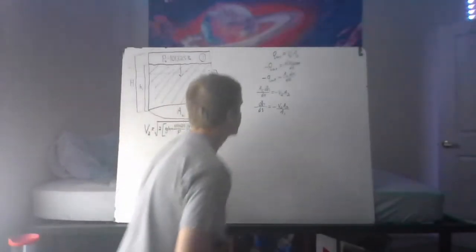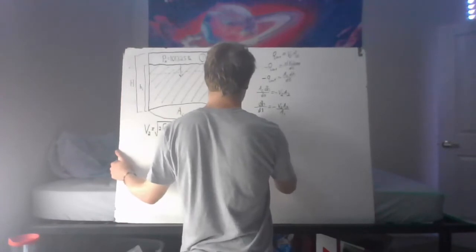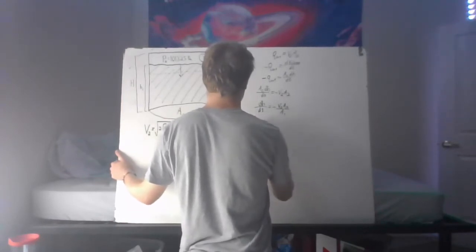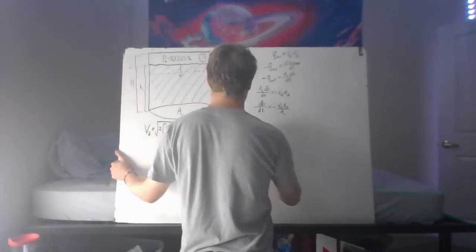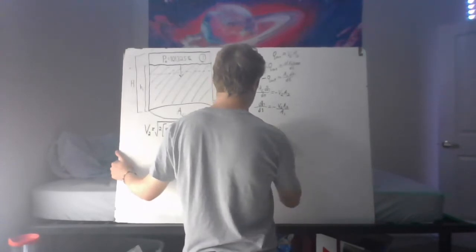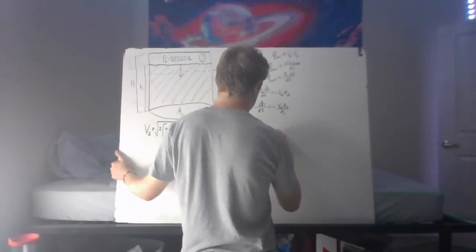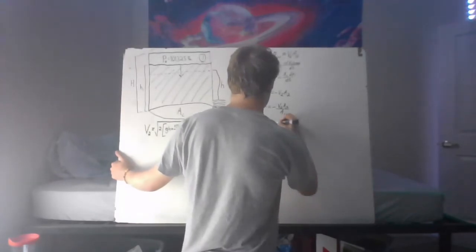We'll solve for it right here. So we'll say that dH over dt is equal to, I'm just going to have A2 and A1 out in front, and then our V2 equation.